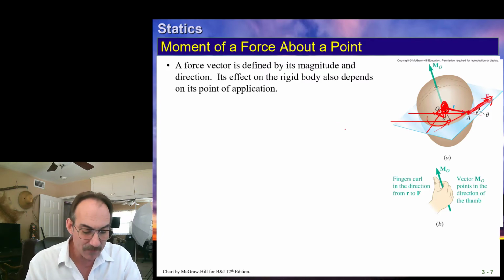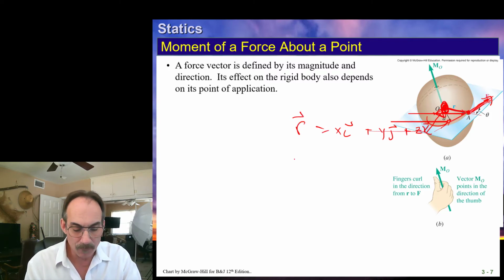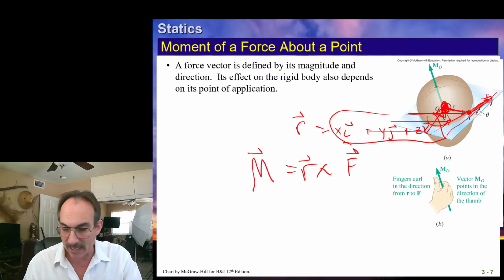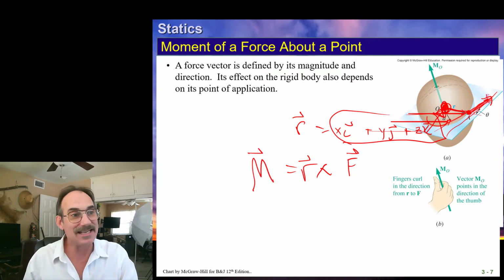That means we're going to have a I plus something J plus something K. That is our R vector. Pick any point on this line of action, and define what that vector is. And when we take the R crossed with the force vector, we will get the vector moment that's caused by this. That is the basic principle.